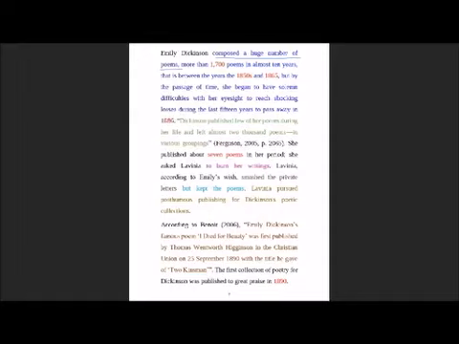So she composed more than 1,700 poems in almost 10 years. What can we say? Every day a poem? That is between the 1850s and 1865.